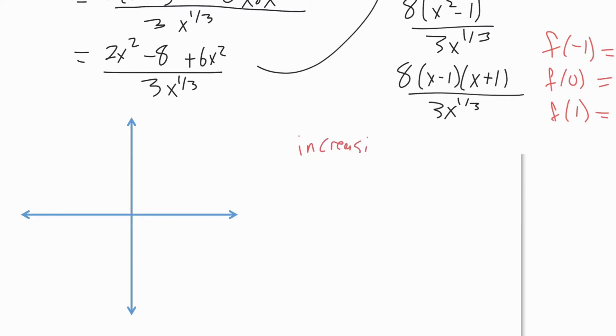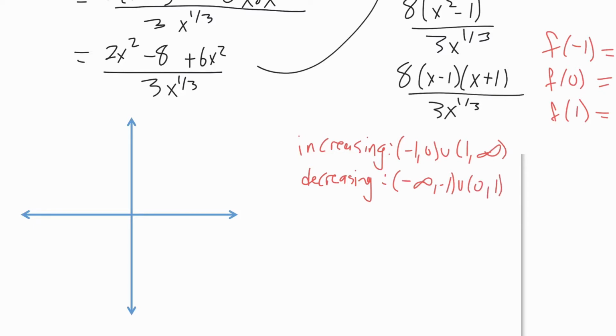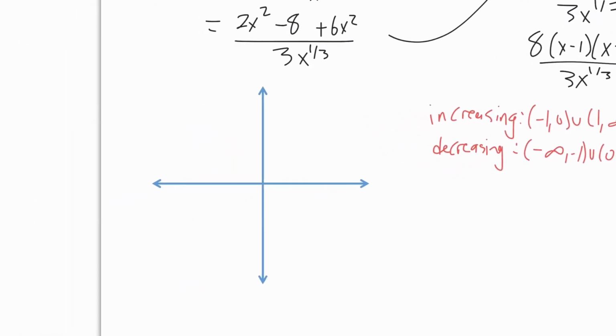Well, it's increasing on -1 to 0, union 1 to infinity. And it's decreasing from -infinity to -1, union 0 to 1. All right, let's go ahead and draw that graph. So we'll label it as x and f(x).